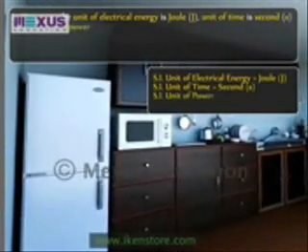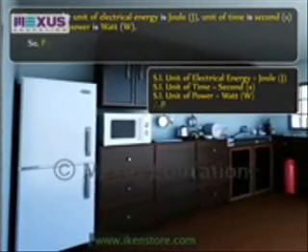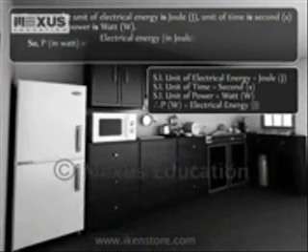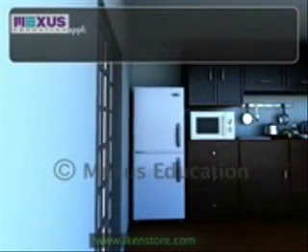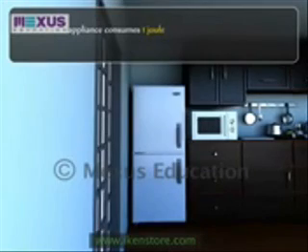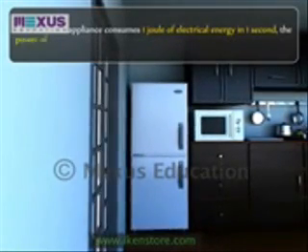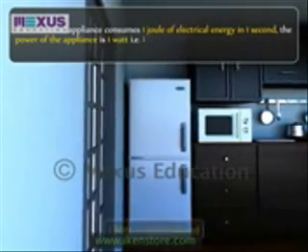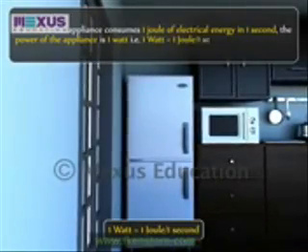And the unit of power is watt, W. So, power in watt is equal to electrical energy in joule upon time in seconds. Thus, if an electrical appliance consumes 1 joule of electrical energy in 1 second, the power of the appliance is 1 watt. That is, 1 watt is equal to 1 joule upon 1 second.